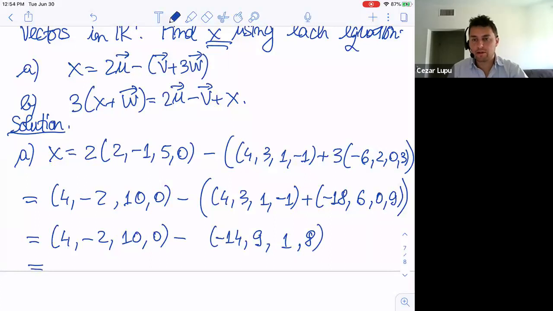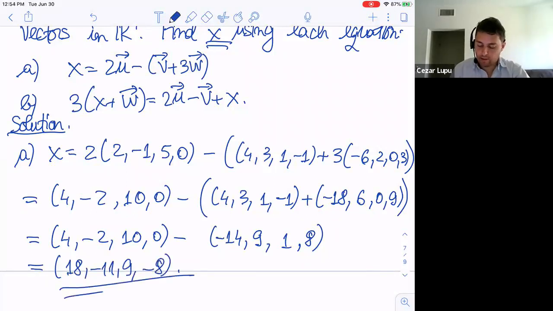Okay, and once you do these computations, pay attention, we have a negative in front of it, so this will give you 18, -11, 9, and -8. Okay, so this is how we found x.